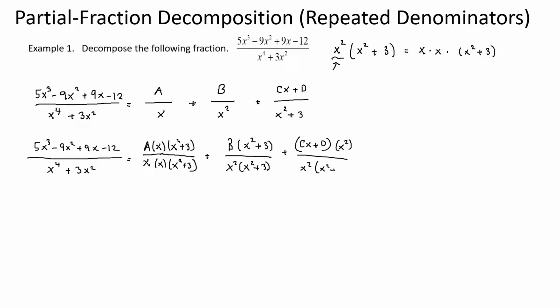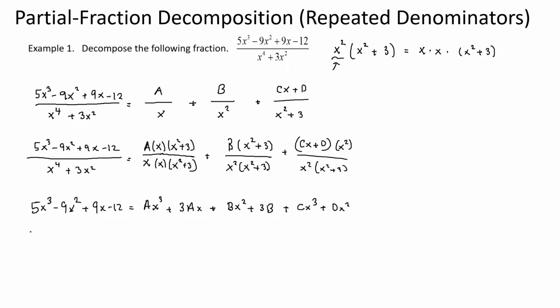And once again, now we have the denominators to be the same, so we're going to compare the numerators. 5x to the third minus 9x squared plus 9x minus 12 should equal ax to the third plus 3ax plus bx squared plus 3b and cx to the third plus dx squared.